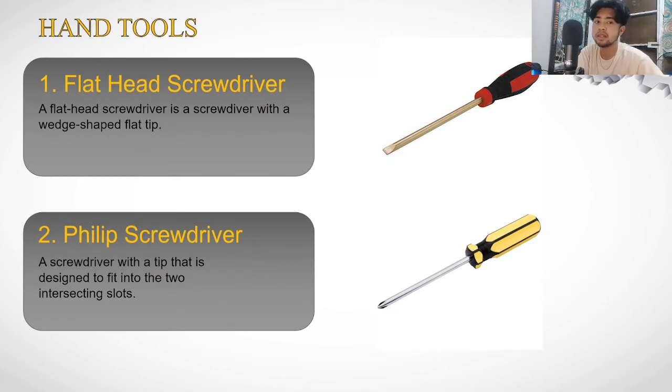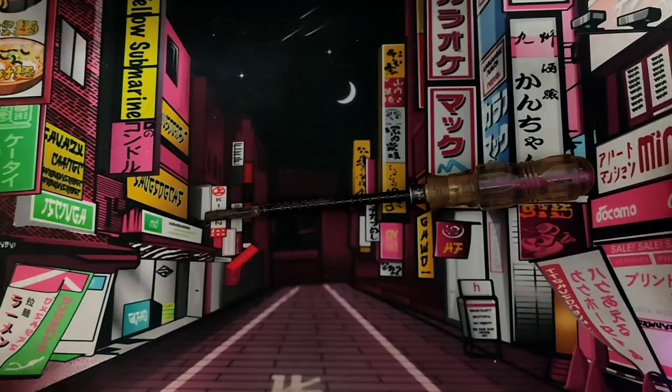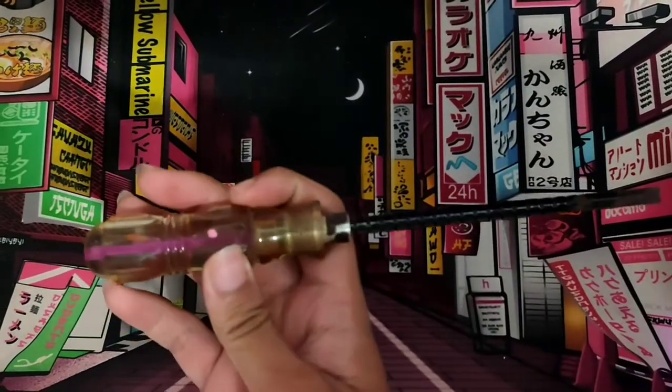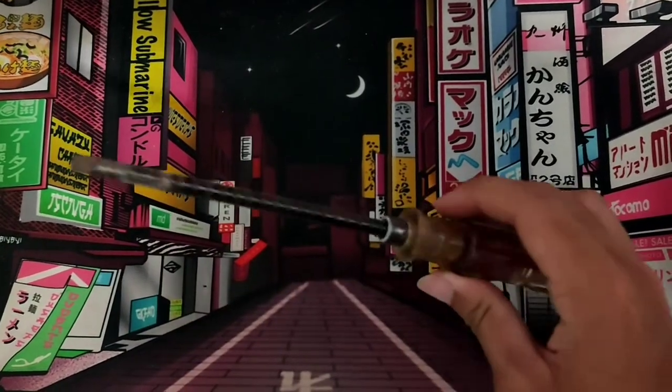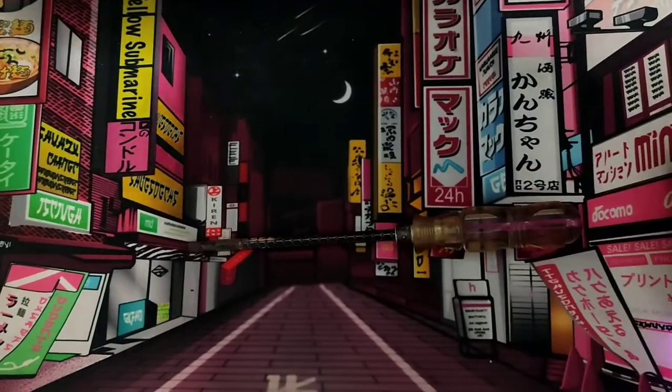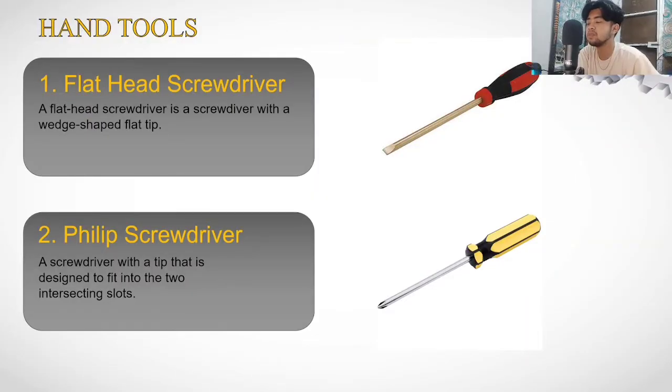So here is the list of hand tools. Number 1, we have the flathead screwdriver. A flathead screwdriver is a screwdriver with a wedge-shaped flat tip. Number 2, we have the Phillips screwdriver.